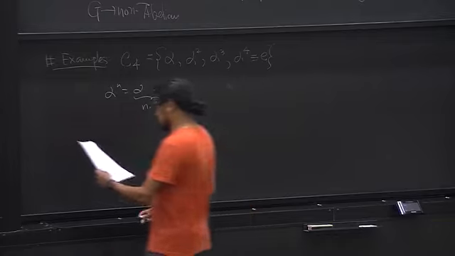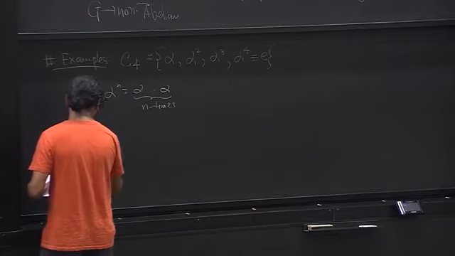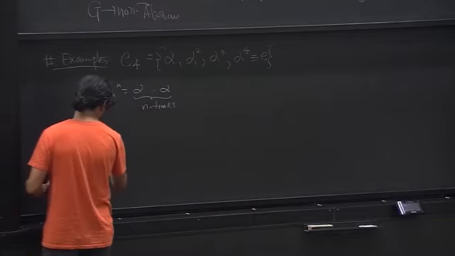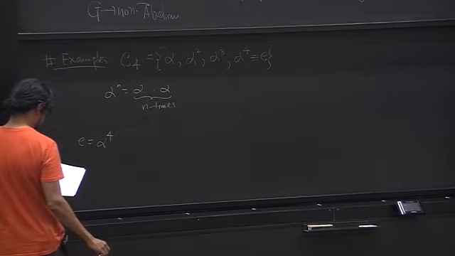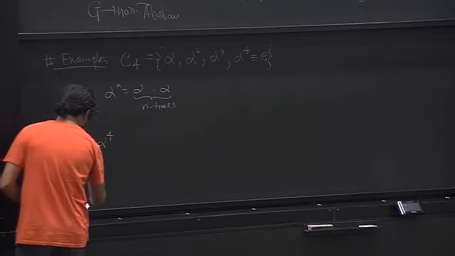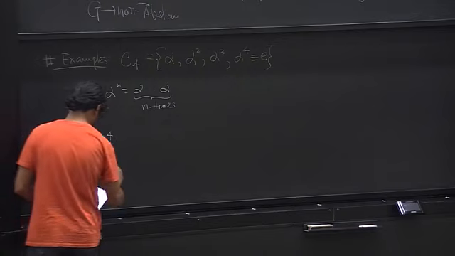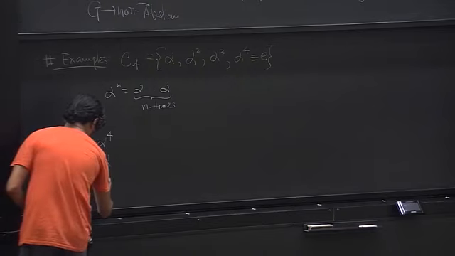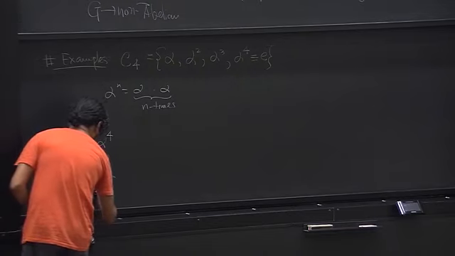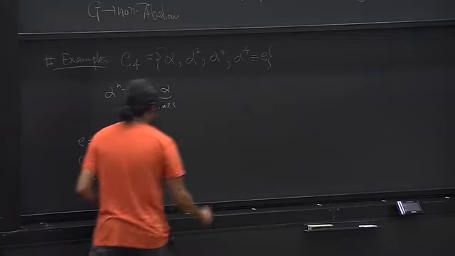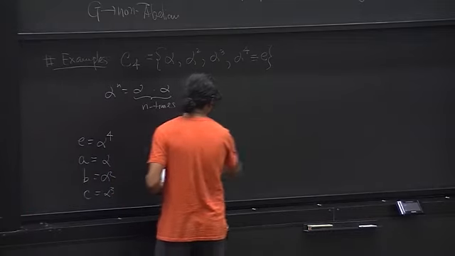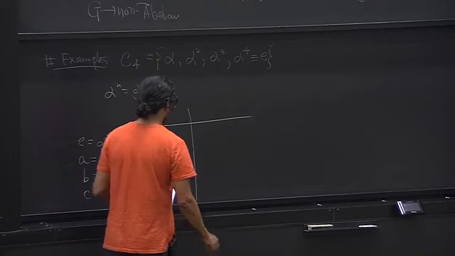But I could have written that E is alpha to the 4, and say I label A to be alpha, B to be alpha squared, and C to be alpha cubed. And then I can create what is known as a multiplication table.